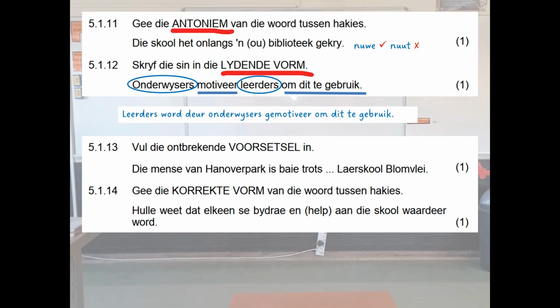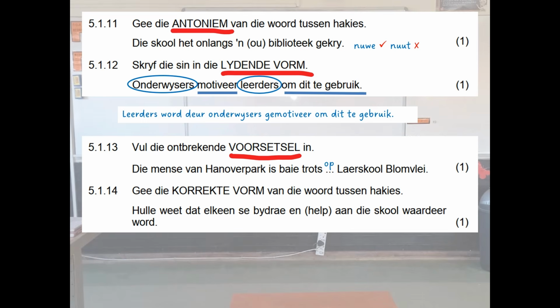But as you can see, we've swapped around our subject and our object. We have indicated that this is a sentence in present tense. That's why we use the word word. There's always a deur in front of your subject, which is onderwysers. The verb motiveer gets a ge in front, and the infinitive you always leave alone. You move it to the back, nothing changes.